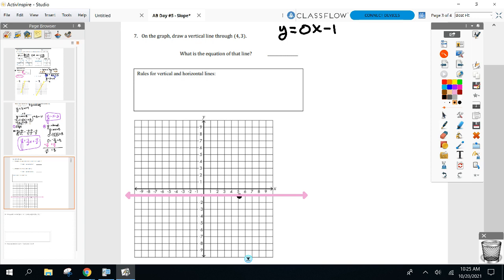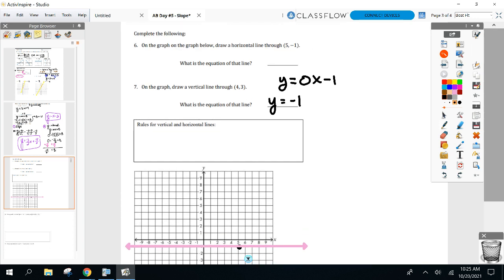Okay, so I could just write this as y equals -1. And that's going to be for any horizontal line. Okay. Any horizontal line will just be y equals the number.